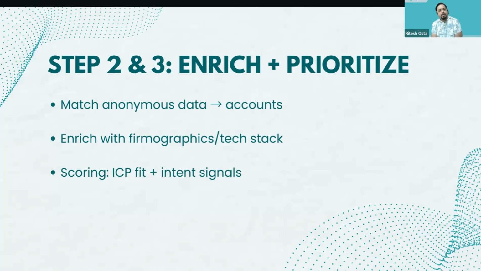Okay, and also put in the information of intent. For example, if they have posted a job or they have just recently been acquired or whatever it is, put that information in, and then put up a lead scoring, right? And then you'll identify that not all accounts are equal, and that will help you prioritize in terms of outreach.